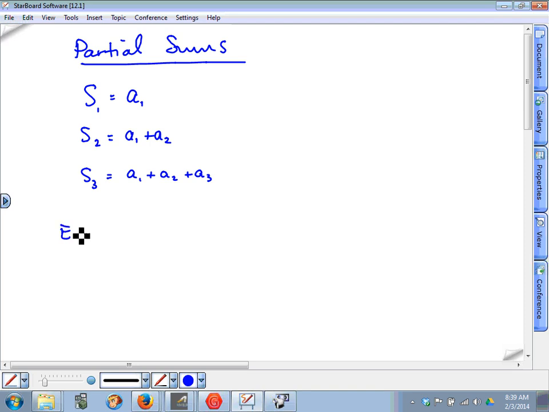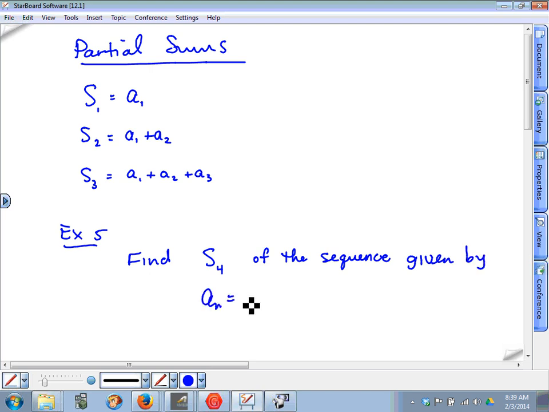So for example 5, I want you to find S sub 4 of the sequence given by this formula: a sub n equals 1 over 2 to the n.